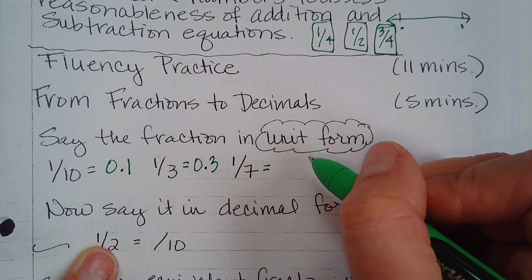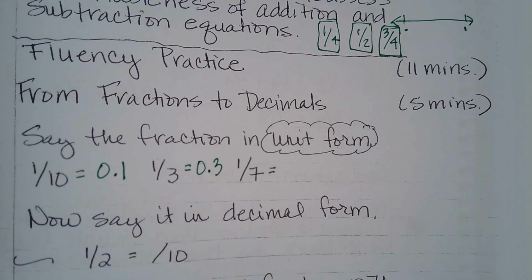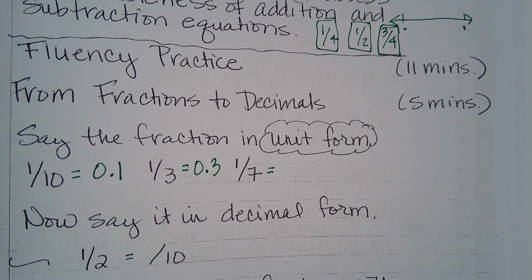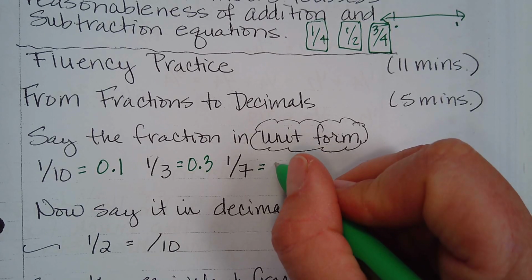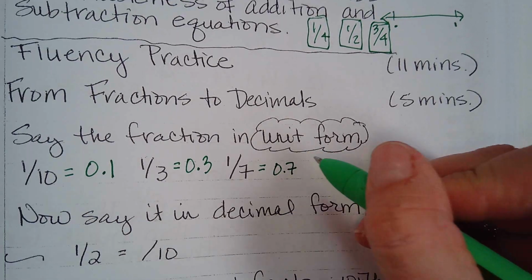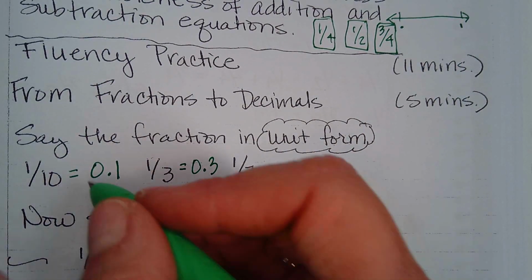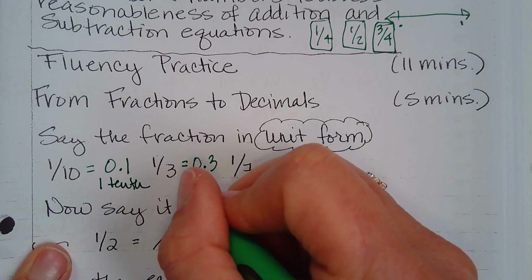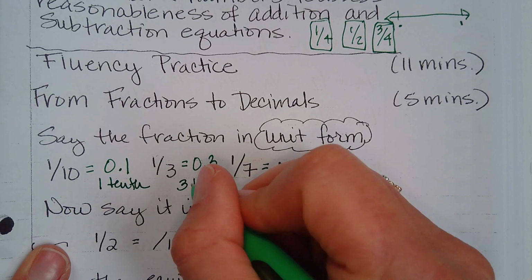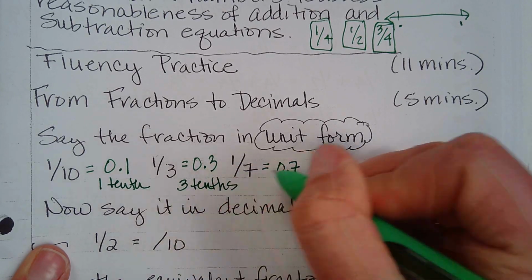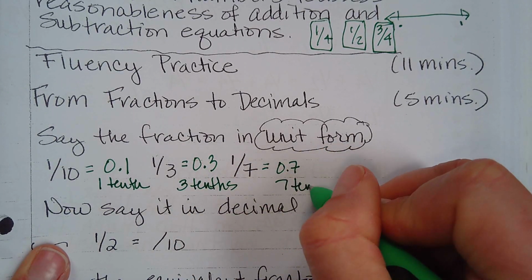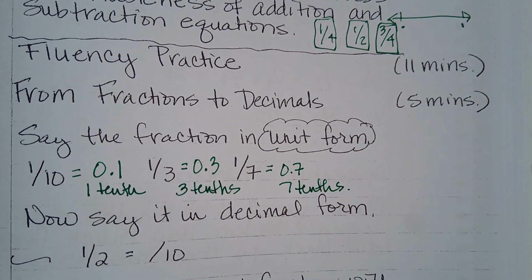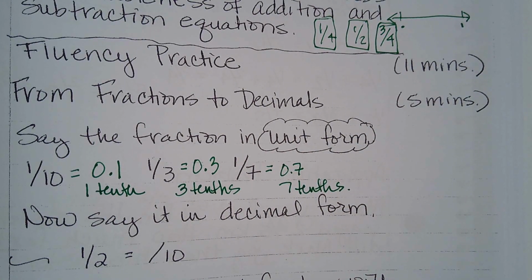And 0.7, what do you think the unit form would be for that? 7/10, right? Now I'm going to go back and write it like this: 1/10, 3/10, and 7/10. All right, now say it in decimal form.